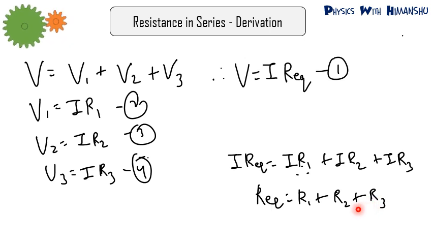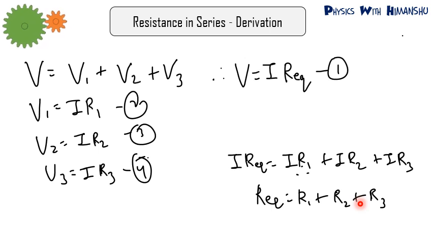So if resistors are connected in series, the equivalent resistance is the sum of the resistances of all the individual resistors. Also remember that when resistors are connected in series, the potential drop is directly proportional to resistance, because the current is constant in all the resistors.